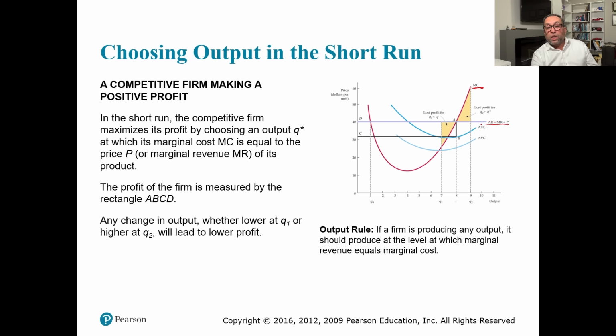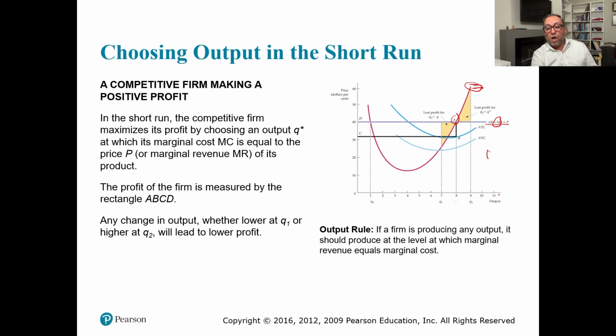So based on what we learned, the profit maximizing output is at point A. Why? Because at this point the marginal revenue is equal to marginal cost. Below this point the marginal cost is less and marginal revenue is higher, so it is good to produce more.